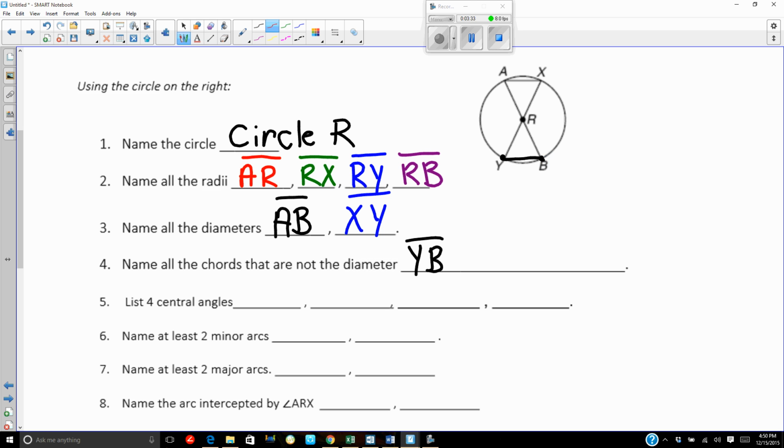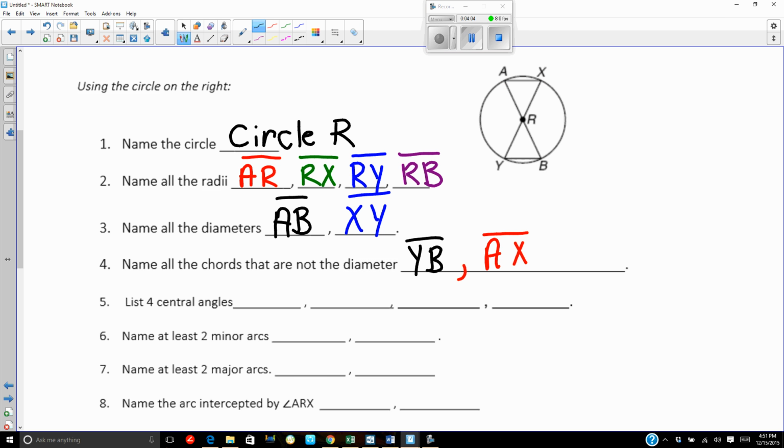So see if you can find another chord in the diagram. Looking up there, on the other side, you've got segment AX. Again, make sure you have the line on the top to tell us that this is a segment, and those are the only two chords that are not the diameter in this problem. Remember, a chord has to have both endpoints on the circle.